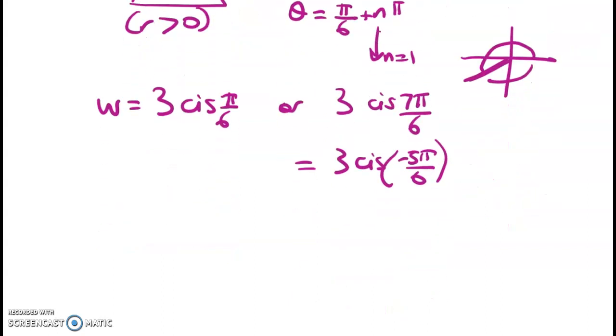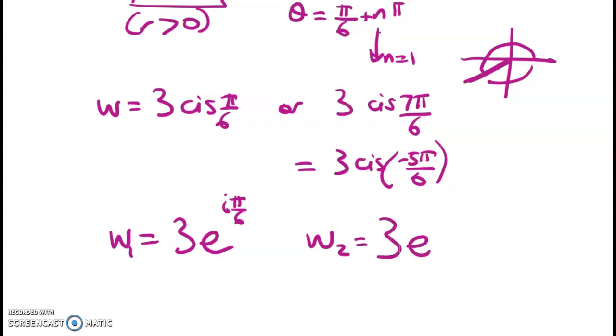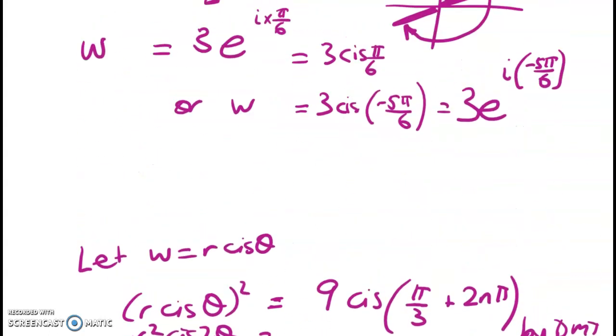And now we're ready to really easily chuck them into exponential form. So the first w is equal to 3e to the i pi on 6, and the second root is equal to 3e to the power of negative i times 5 pi on 6. That looks really weird to me, so let's just write it as 3e to the negative 5 pi on 6 i. So there you go, 8 marks for that.